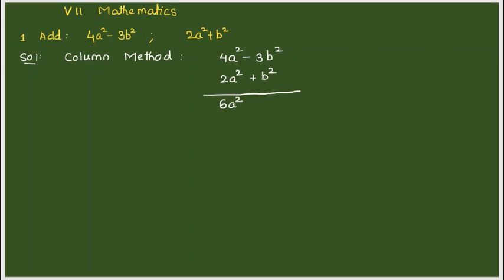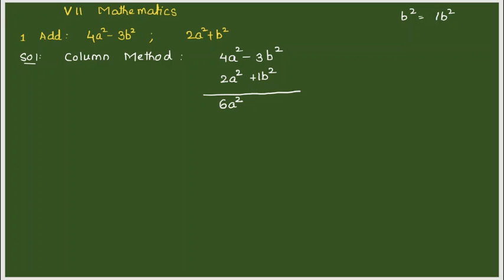And here you need to be careful children, because most of the students think that b square doesn't have any numeral coefficients, so by mistake they take it as 0. But no children, because b square is also same as 1b square, because 1 into b square is b square. So here the coefficient of b square is 1.